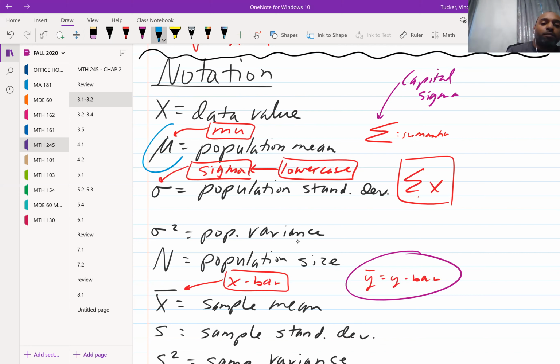So here is the Greek letter mu. It's almost like a U, almost like an M, but it's not. Greek letter mu is a population mean. This is lowercase sigma. That's the population standard deviation. And this is capital letter sigma, which represents summation.